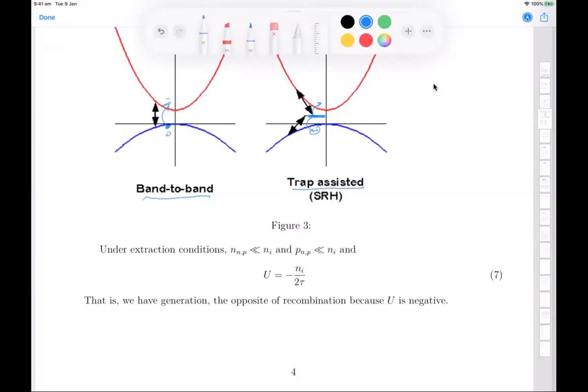In the opposite case of extraction, where the population of free electrons and free holes is less than the equilibrium population, then our net generation term U becomes negative. That is, we're getting generation. And that generation rate is given by the equilibrium population n_i over twice the lifetime.